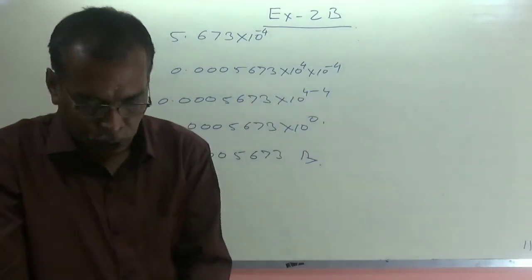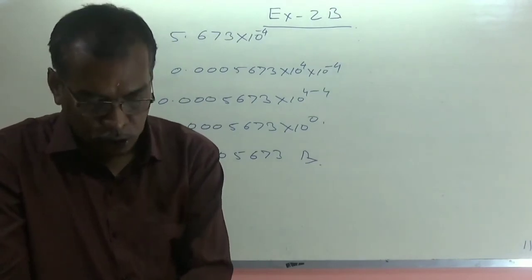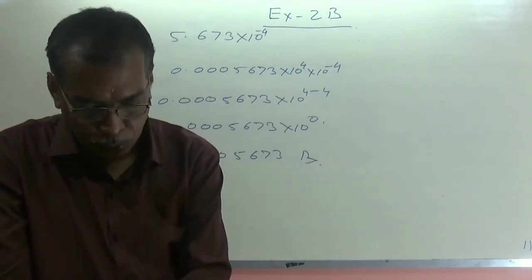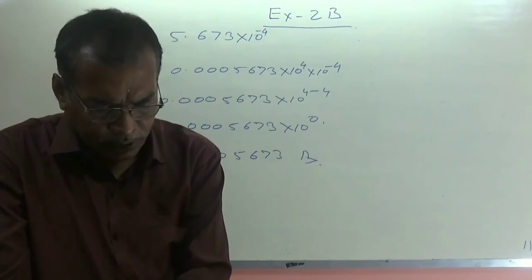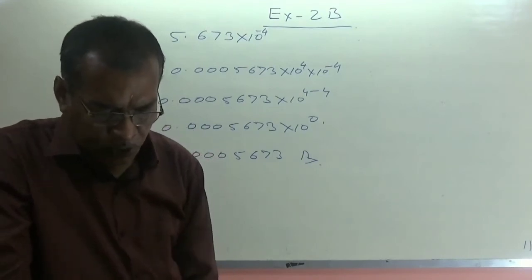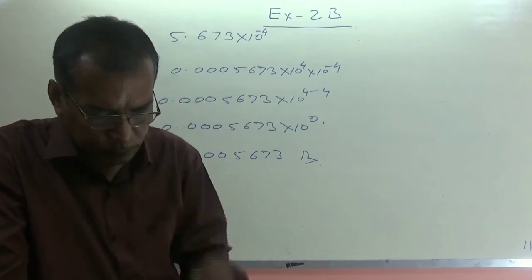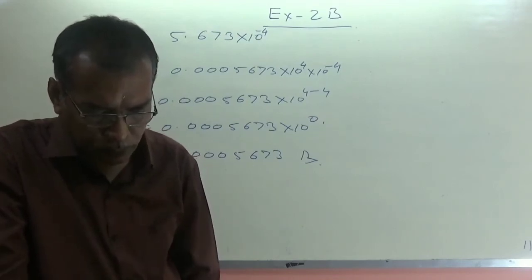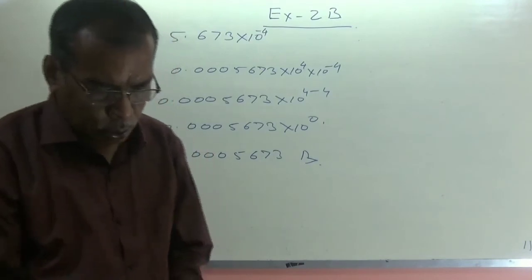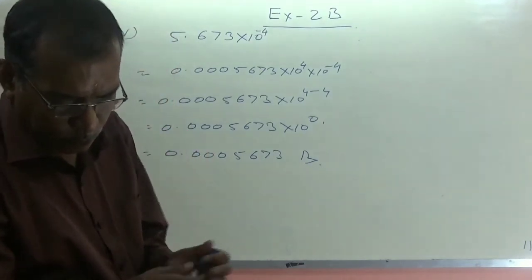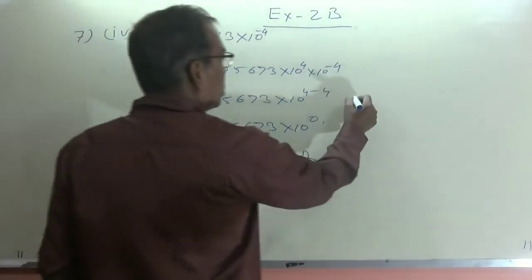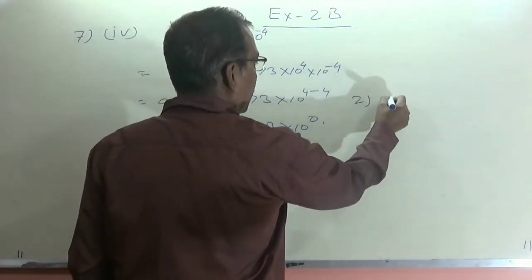So this way you can solve the questions from exercise 2B. One thing, most probably I have made a mistake with question number 2, just now it has struck my mind.